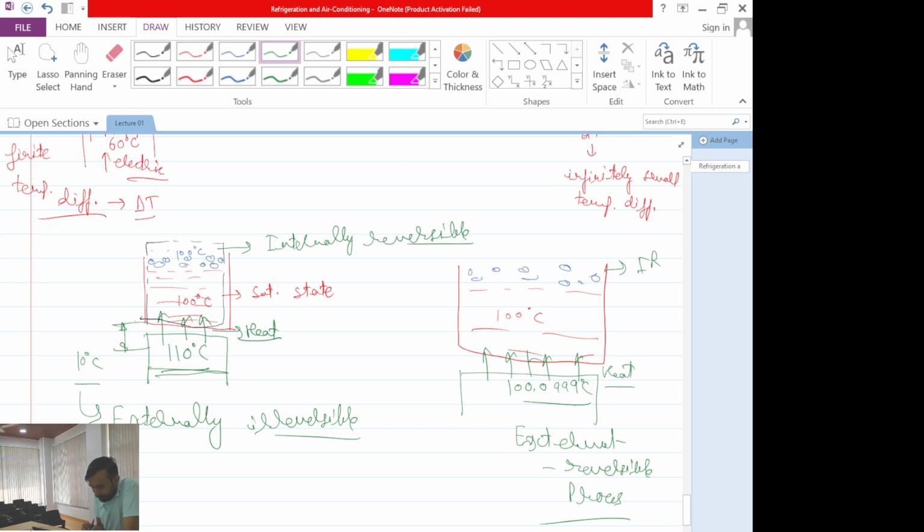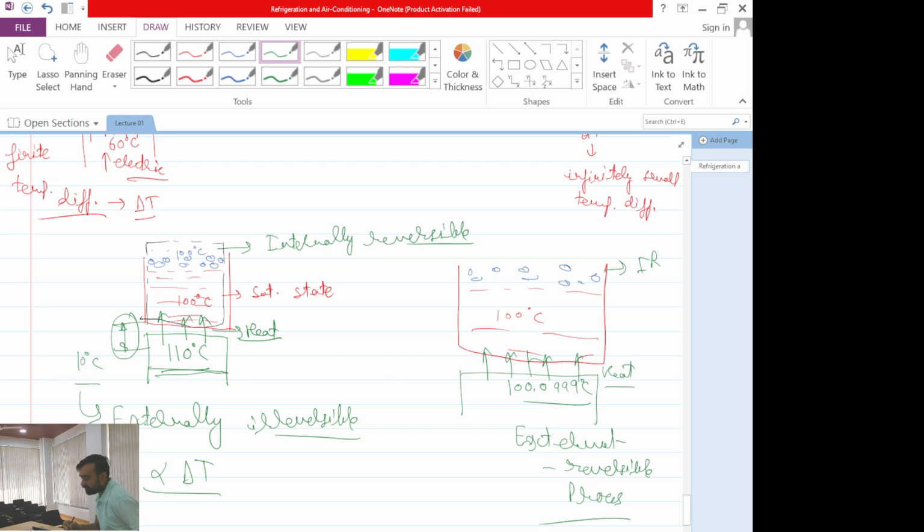One of the reasons will be from this understanding only. If you have a finite temperature difference, then we know that the rate of heat transfer is always directly proportional to temperature difference. So when you have a finite temperature difference, the rate of heat transfer will be significant and the process will take less time.